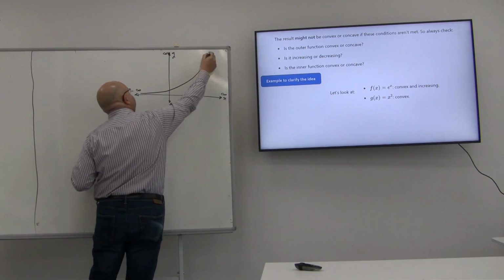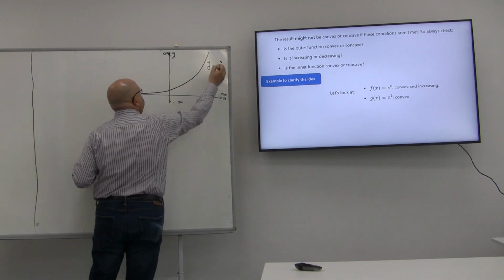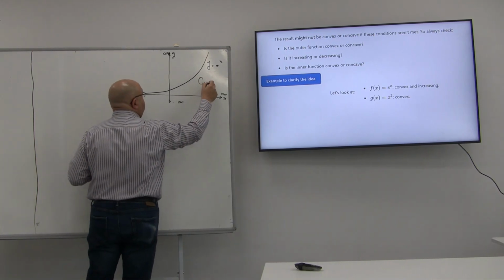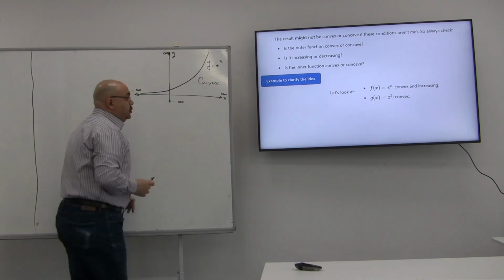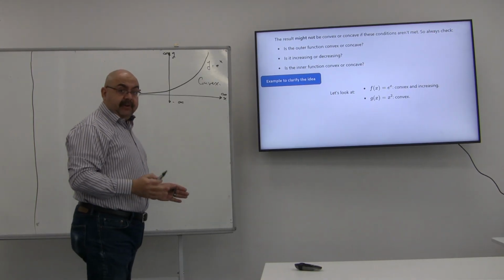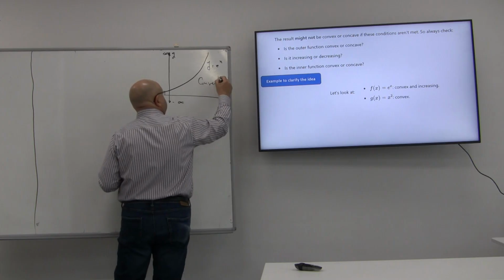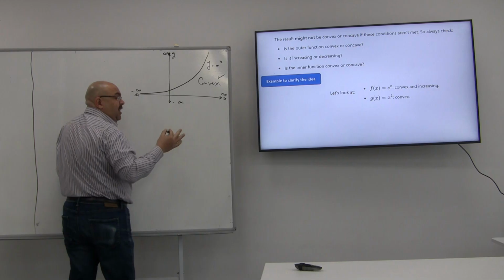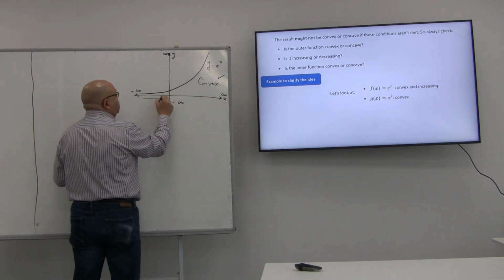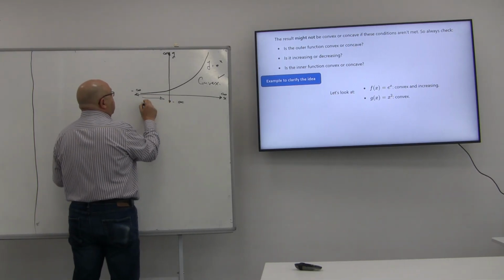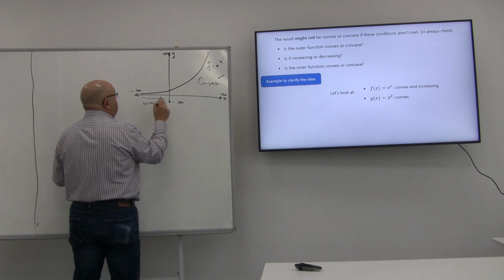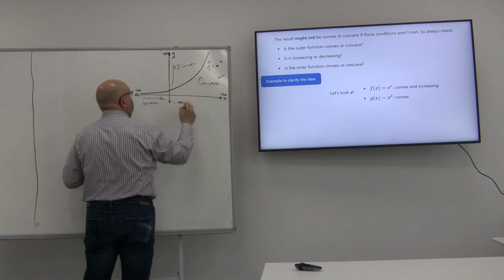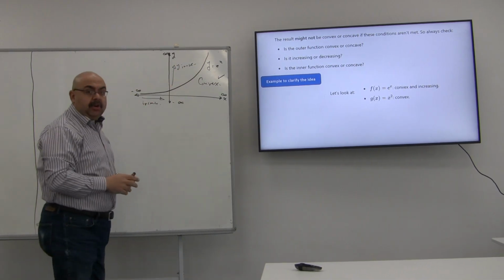And that's the graph of y equals e to the power of x, which represents a convex function. So e to the x by itself is a convex function. That's the first condition checked. And it's also a strictly increasing function. As x goes higher, you will find that y also increases.